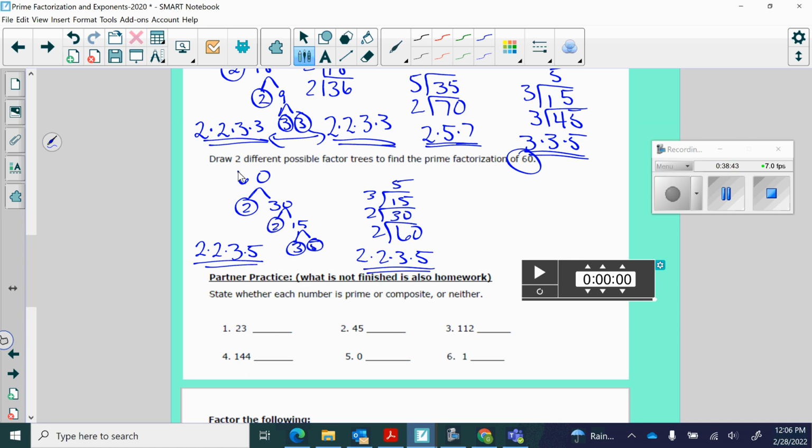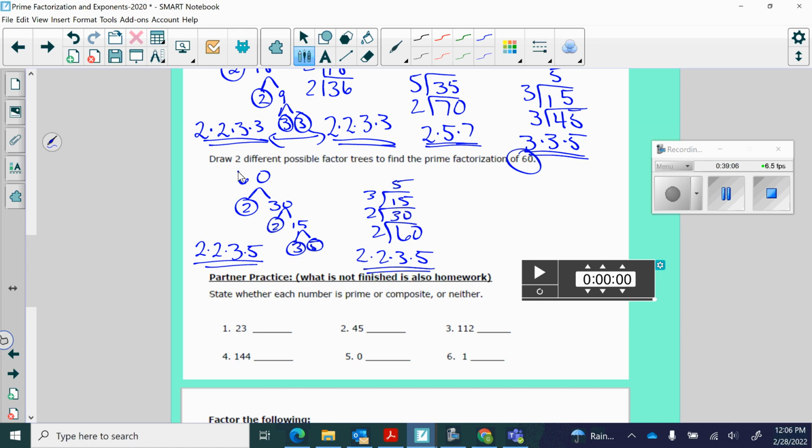However, when I'm doing prime factorization, I can only pull out prime factors. So if there's bigger numbers, don't use them. Literally go through your progression 2, 3, 5, 7. Okay? So good question. Thank you for asking that one. Because I can't have a composite number in my list of prime factors. Make sense?